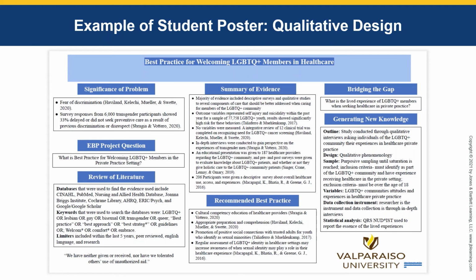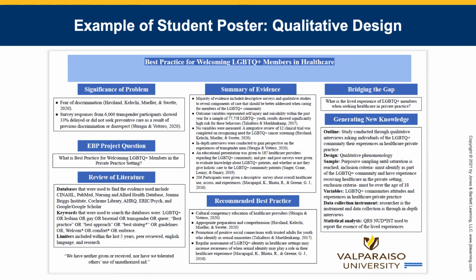And then the group about best practice for welcoming LGBTQ+ members decided to go with a qualitative design, because they felt like all the quantitative information really didn't get to the why. And so again, you can see that their poster is unique.